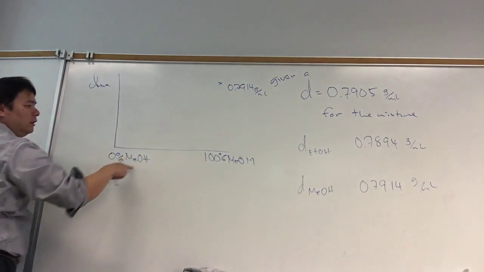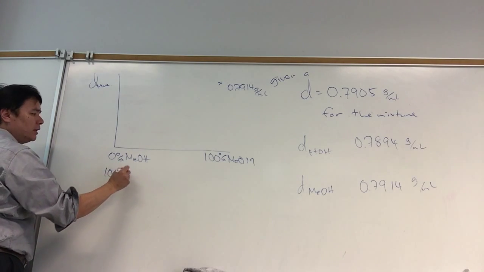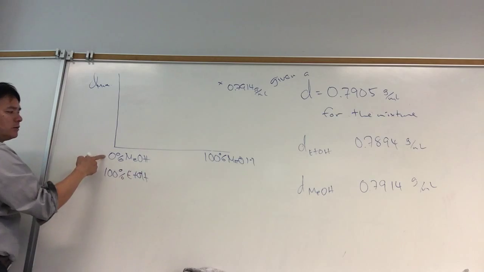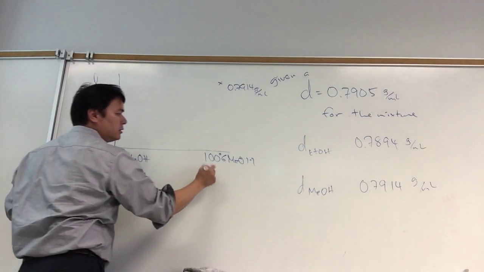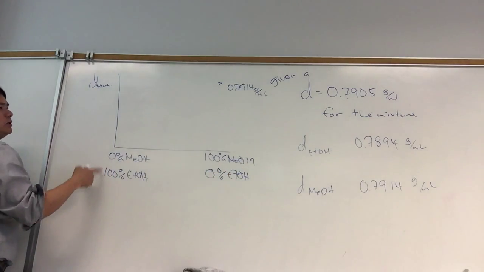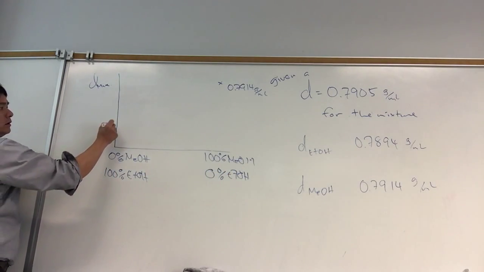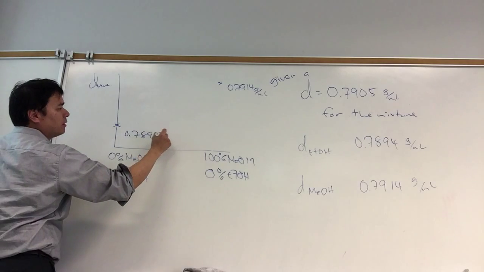If we have 0% methanol, it must be 100% ethanol. This should be 0% ethanol over here. If it's 100% ethanol, what's its density? 0.7894 grams per milliliter.